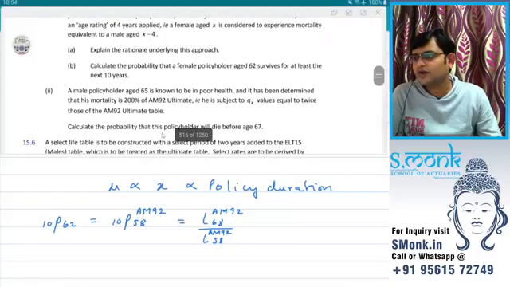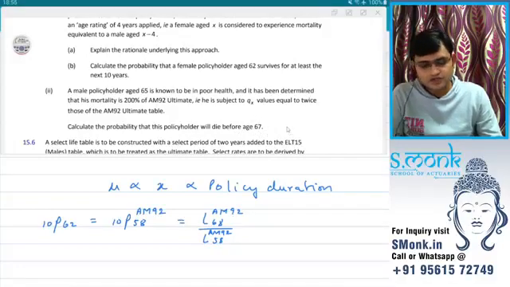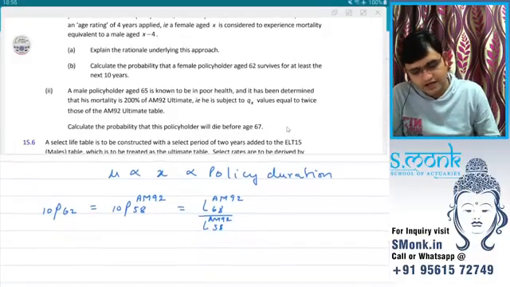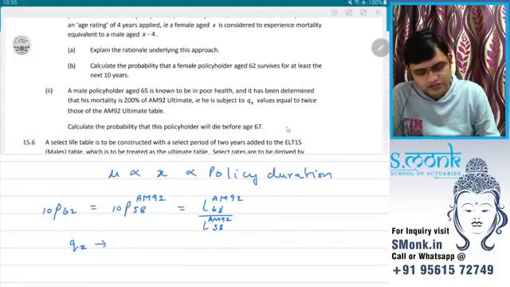Calculate the probability that this policyholder will die before age 67. So see, they have said that our qx value is actually 2 times the qx value of the AM92 table.